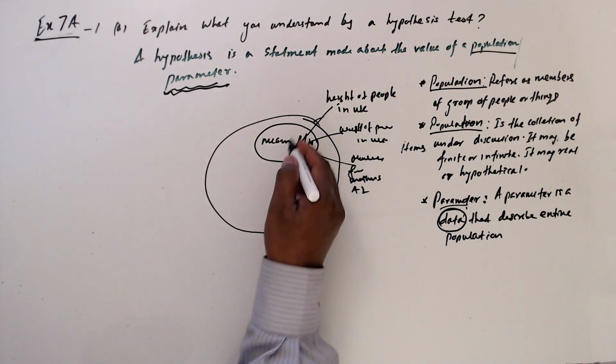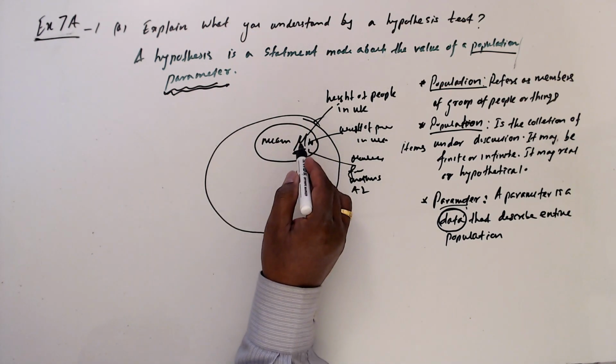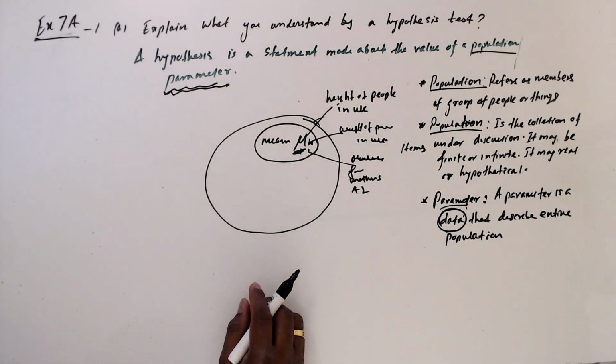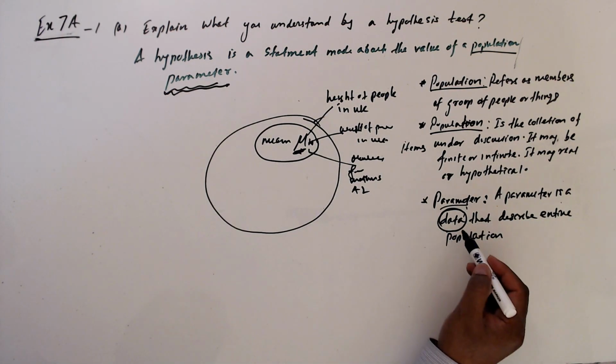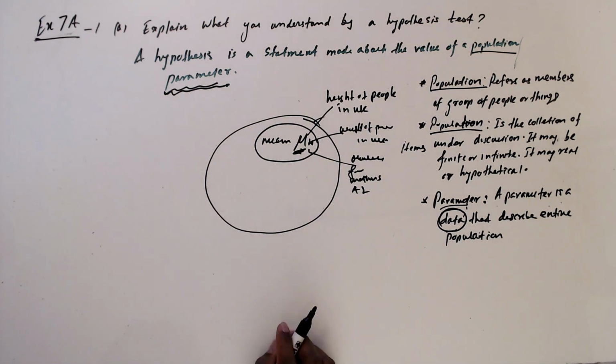So this figure refers to all the members of that population. So a parameter, the mean, is a value that describes the entire population.